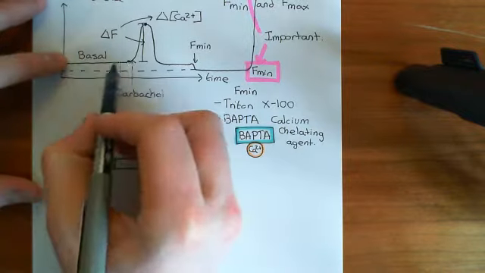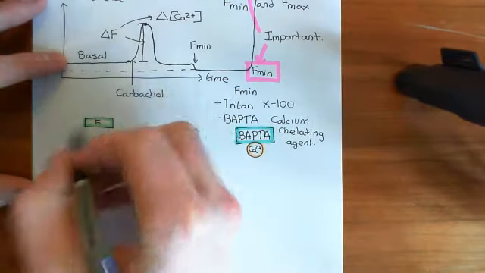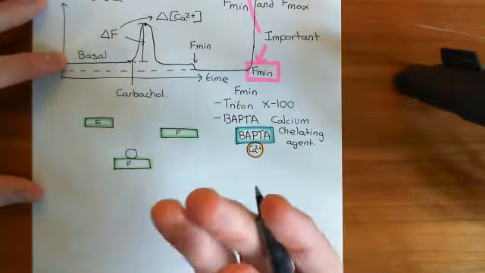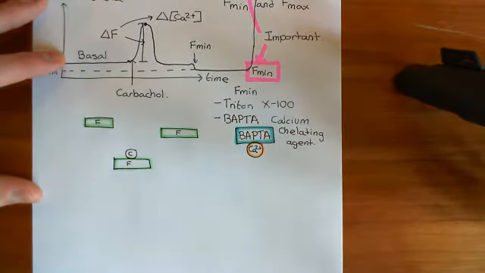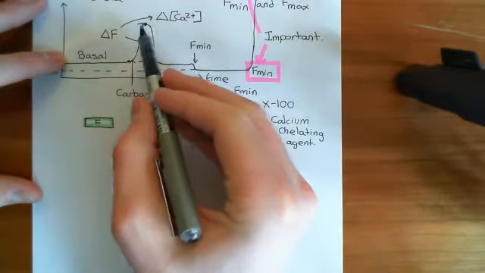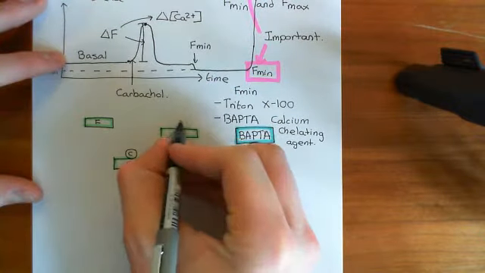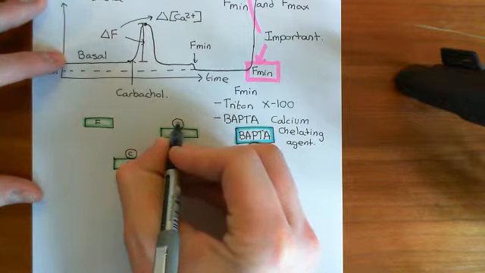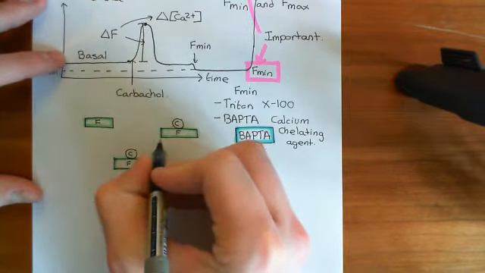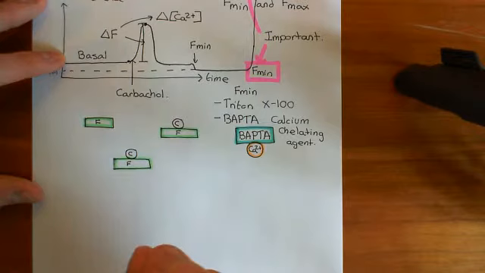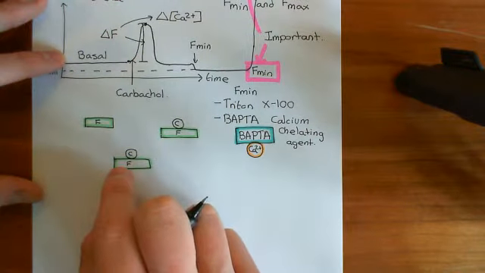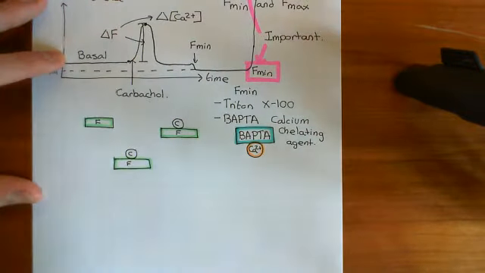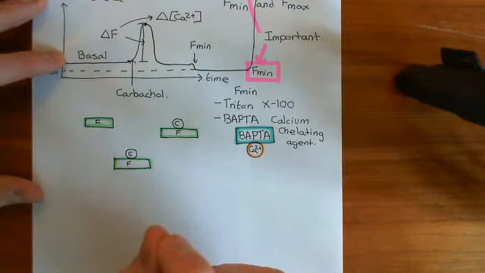At the basal level of calcium, where we have around 100 nanomolar calcium in the cytoplasm, very few of the Fluo-4 molecules will actually have calcium bound to them. Whereas when we've released calcium from the ER, the fraction of Fluo-4 molecules that have calcium bound to them will increase. So it will be very helpful for us to know the fraction of Fluo-4 molecules that are going to have calcium bound to them as a function of the intracellular calcium concentration.